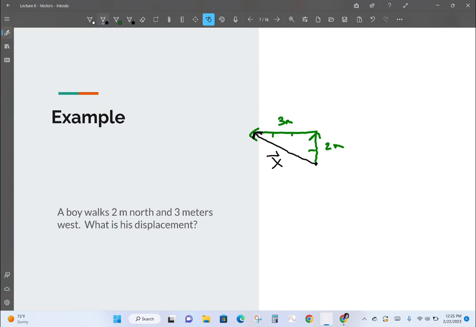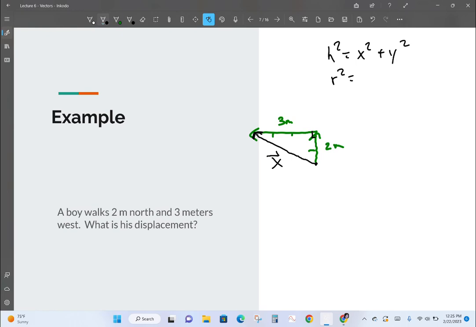Notice that this makes a right angle. So if I wanted to find how far away I was, that would be super easy, right? It's a right triangle. So I could use the idea that the hypotenuse squared equals x squared plus y squared, or the form that we use, we call this the resultant vector, so we use an r for it.